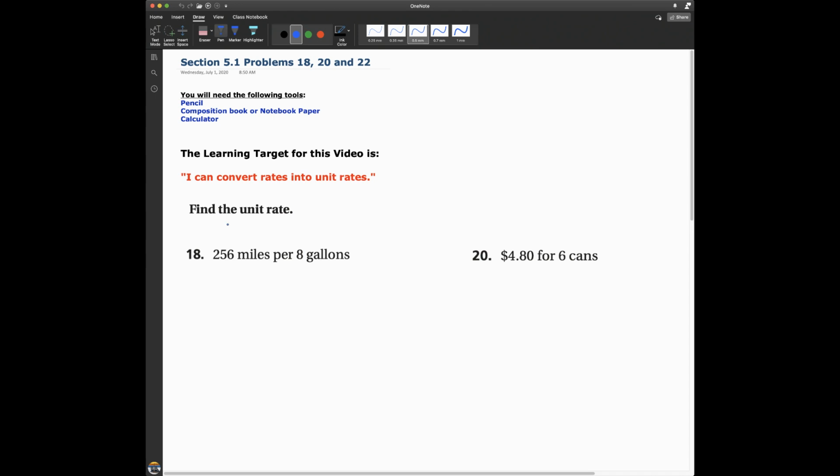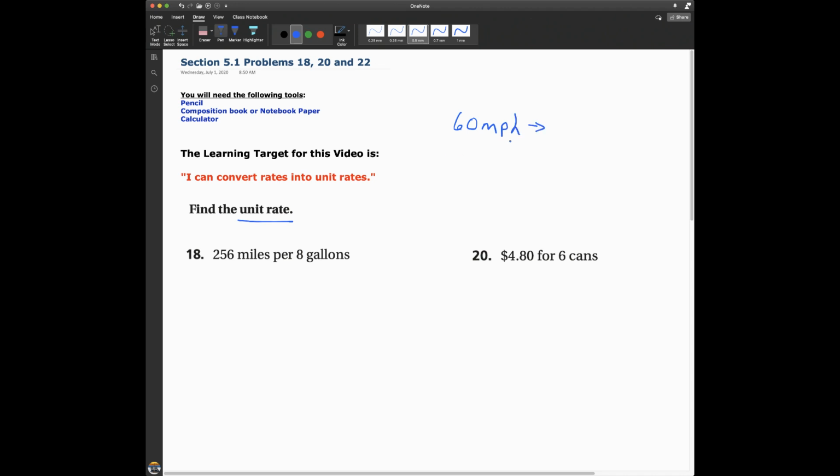The directions say find the unit rate. So remember, a unit rate is a rate where the denominator is 1. So here's an example that you guys have probably seen on the highway, 60 mph. And what does that mean?